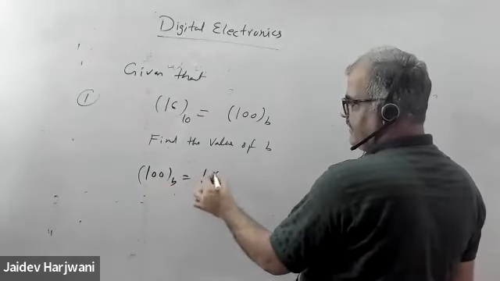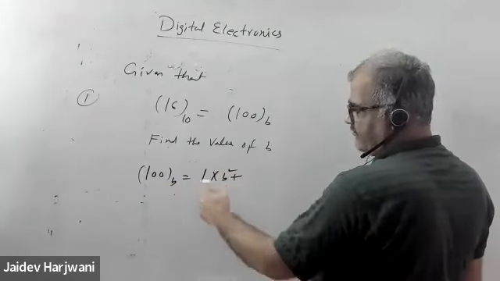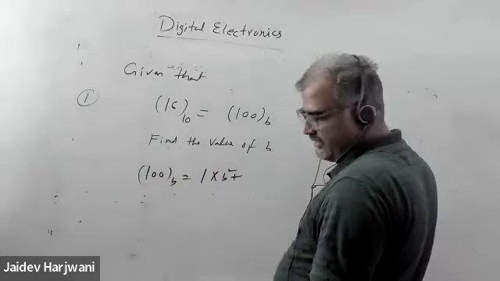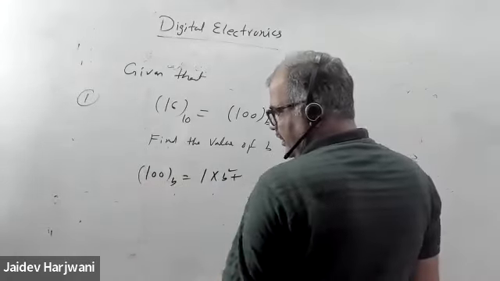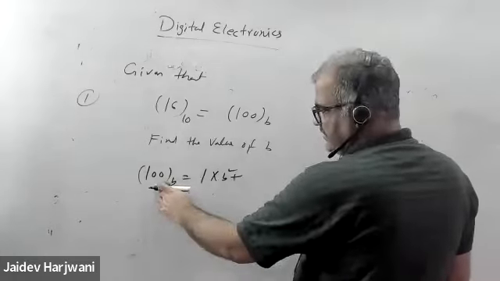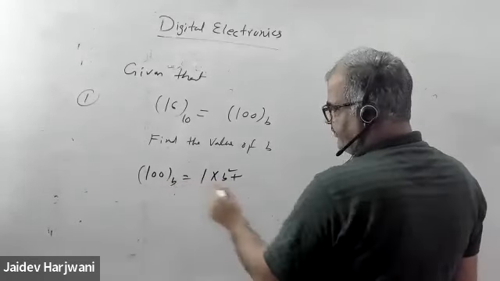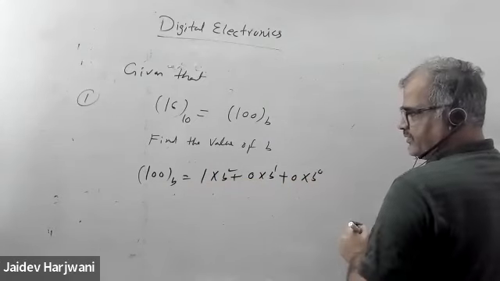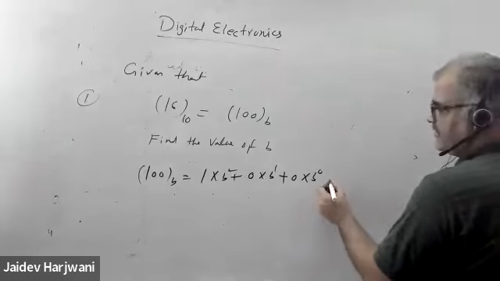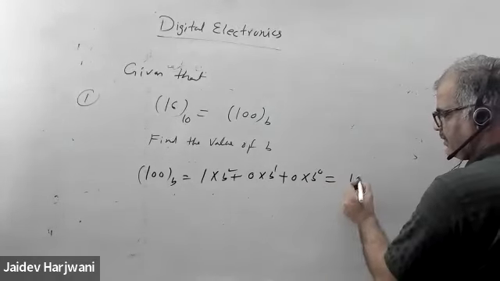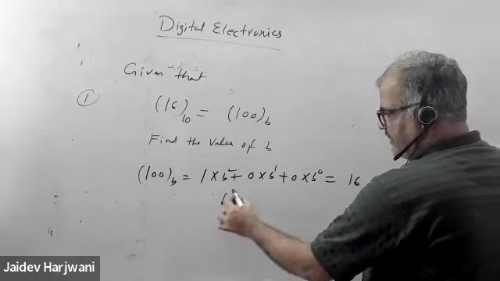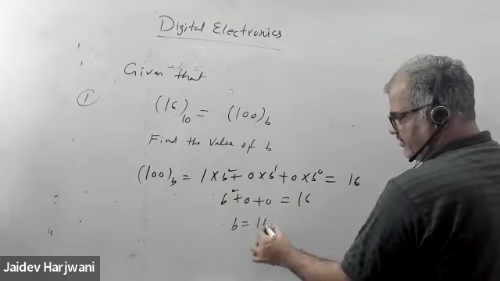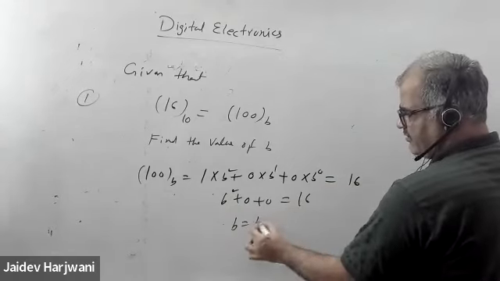If I want to convert this into a decimal number, I simply multiply each digit by the base power. 1 times B power 2, 0 times B power 1, 0 times B power 0, and this is the decimal equivalent, already given as 16. So this gives me B square plus 0 plus 0 equals 16. B square is 16, so B will be 4.